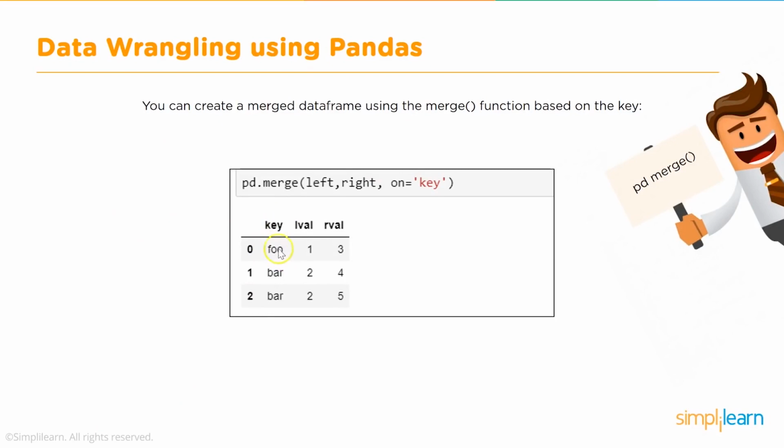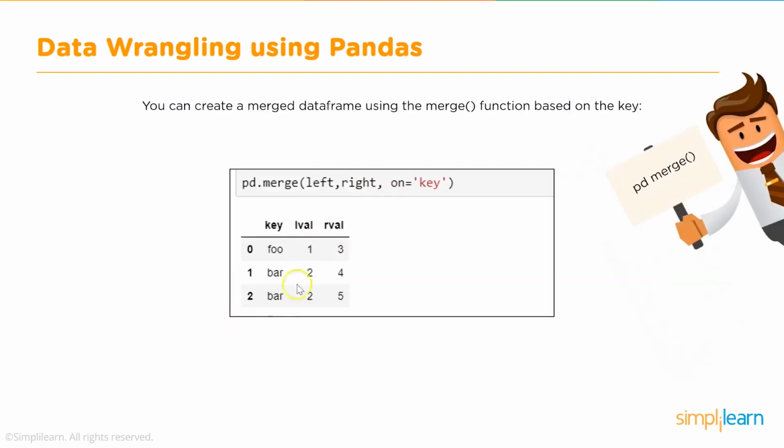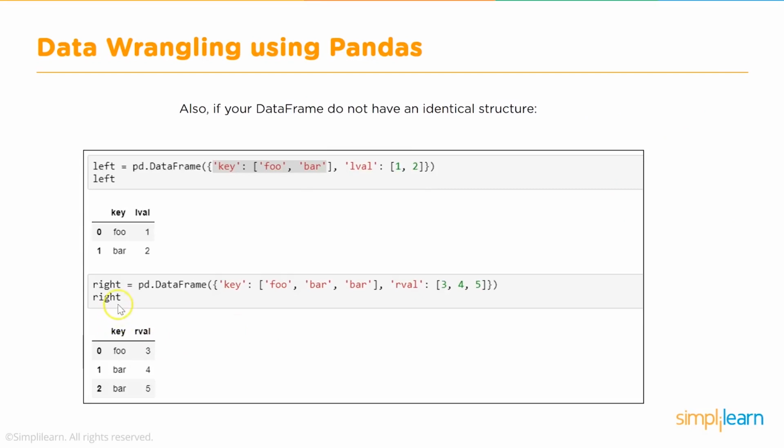What it does is it uses the key as a common thread between them, and then it populates the values accordingly. So if you see here, the first one had foo and bar for key, and then it had L values of 1 and 2, right? So if we go back, foo and bar had 1 and 2 as L values. So that's what we see here, 1 and 2. Whereas in the right data frame, we had foo, bar, and bar a second time, and then the R values are 3, 4, and 5.